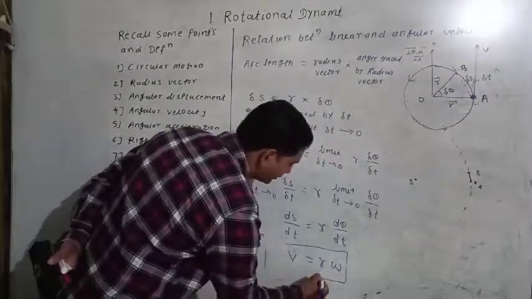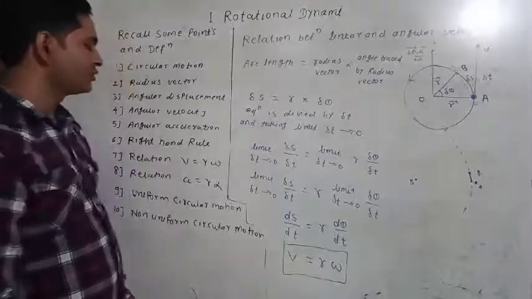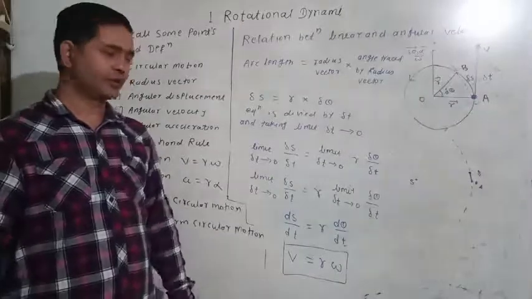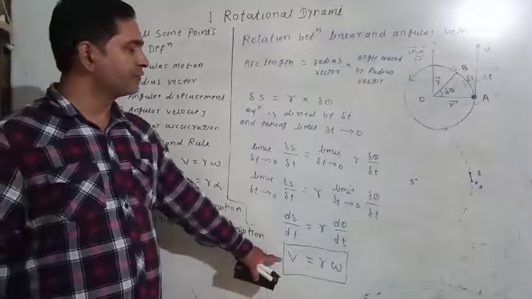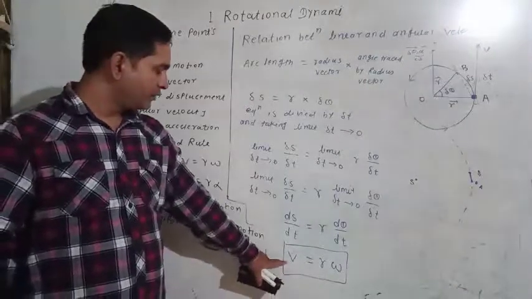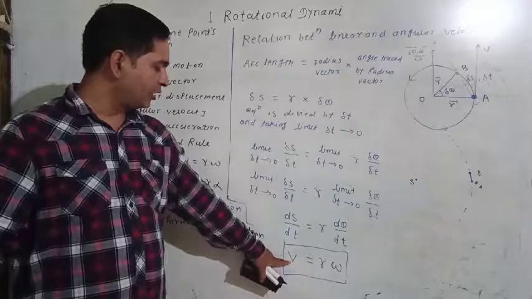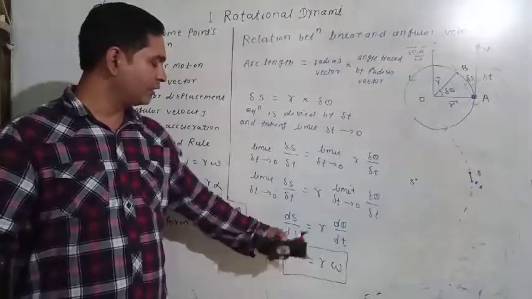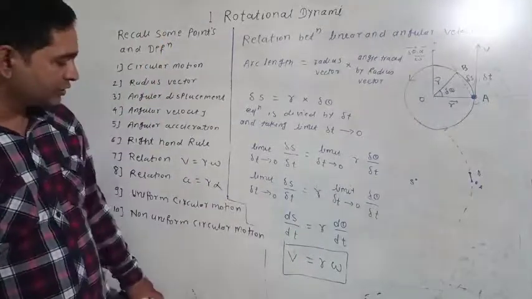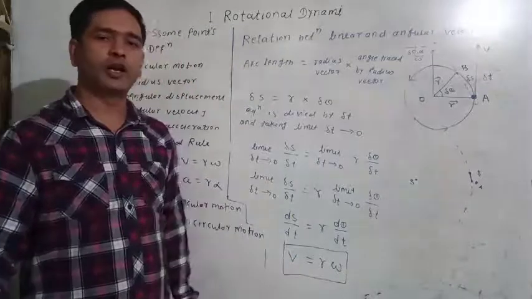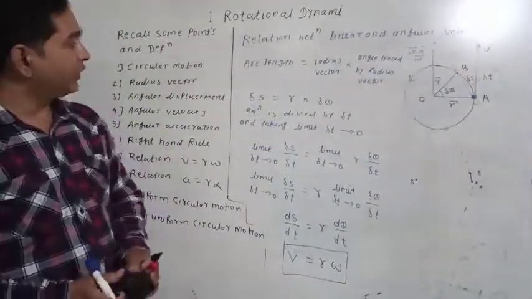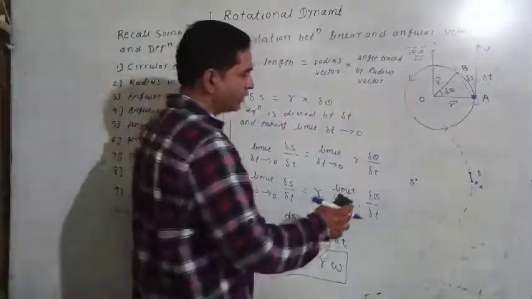So this is the relation between linear velocity and angular velocity: v equals R into omega. This equation is very important. In theorems and numerical problems, we have to use this formula v equals R omega.